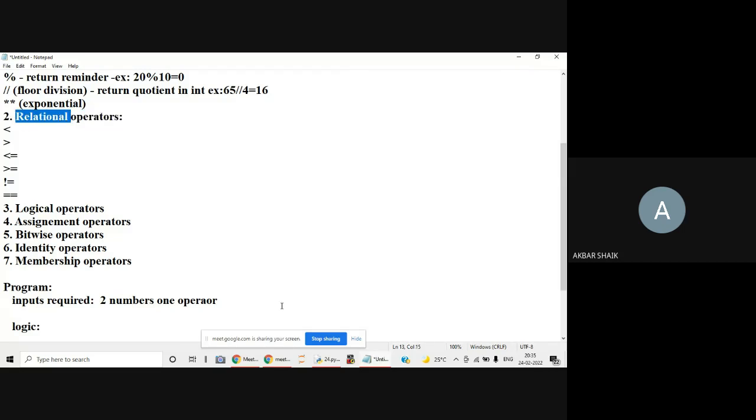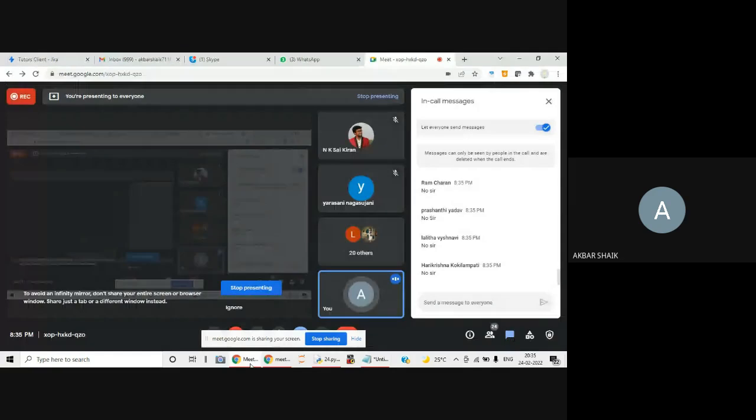For example, if I give some two numbers a and b, and I ask what is the relation between a and b, you can write the relation maybe in the form of a less than b, or a greater than b, or a equals to b, or a is not equals to b, a less than or equals to b, a greater than or equals to b. This is nothing but relation.